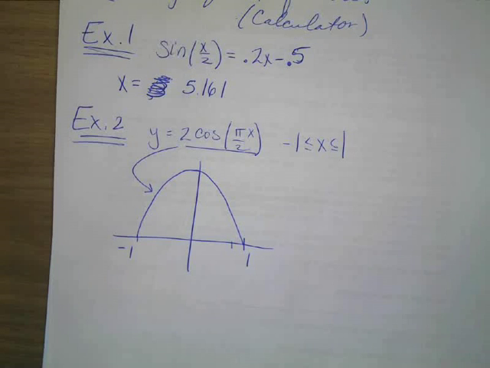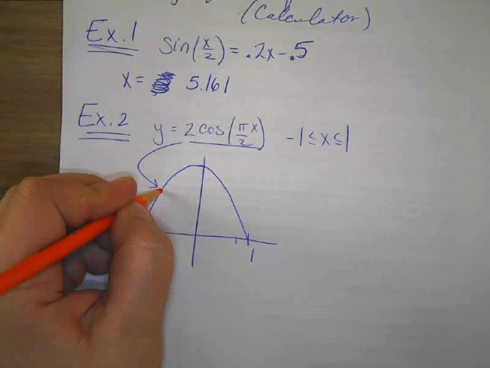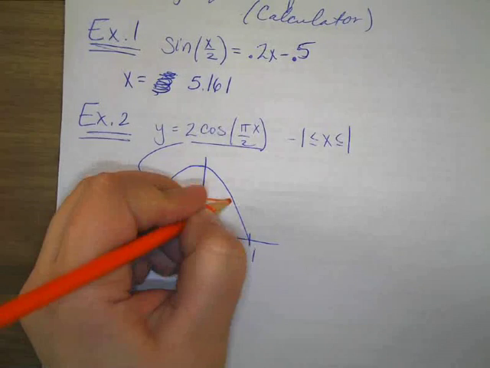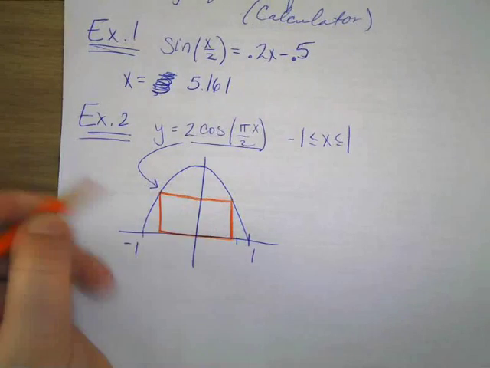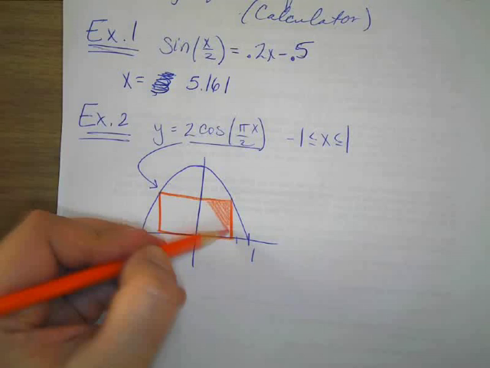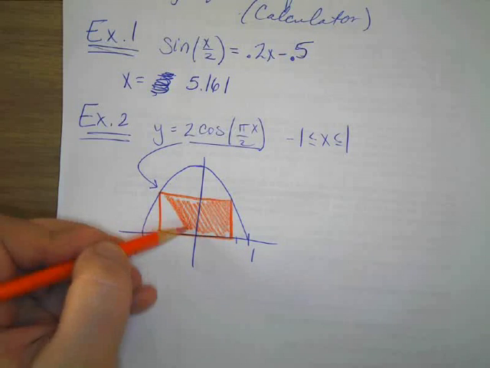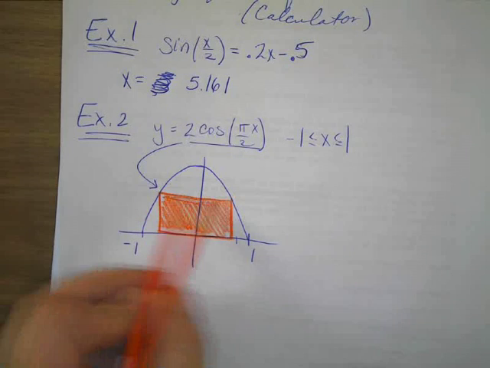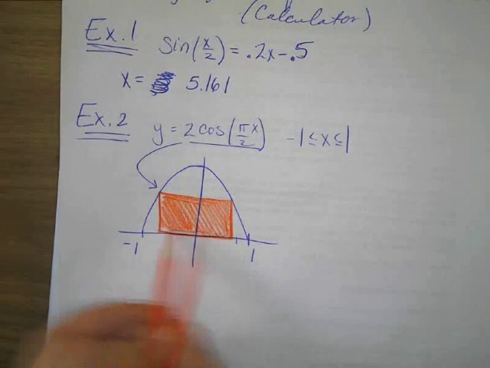And what they said is under this curve, they've made a rectangle. They've inscribed a rectangle under a curve. That's what that means.